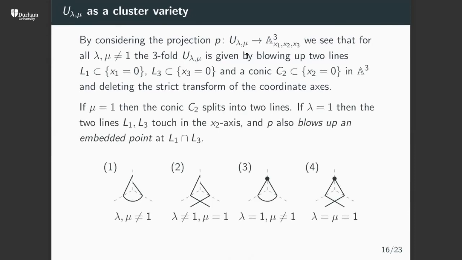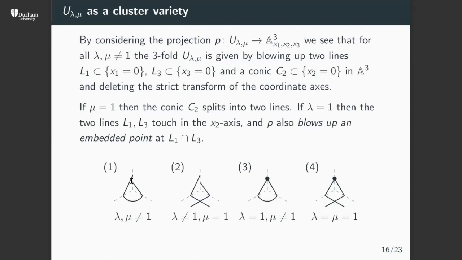So there are basically 4 cases that we can have for a fiber of this fibration. The general case is case 1 on the left here. The dotted lines here are the coordinate axes in A3, and we can think that the hyperplanes are the planes that go between these 2 coordinate axes.